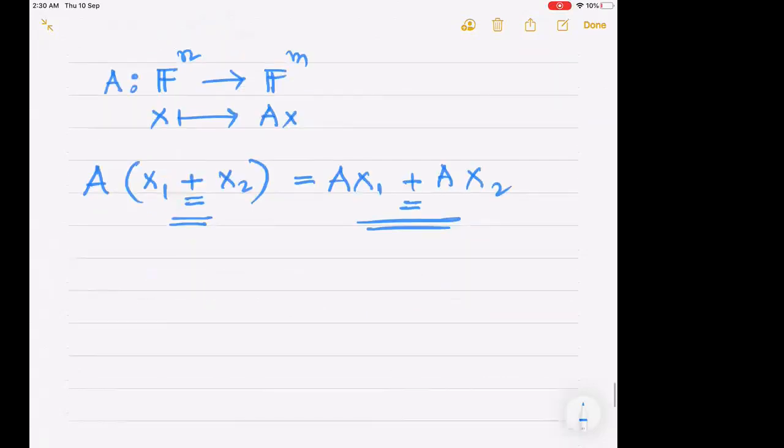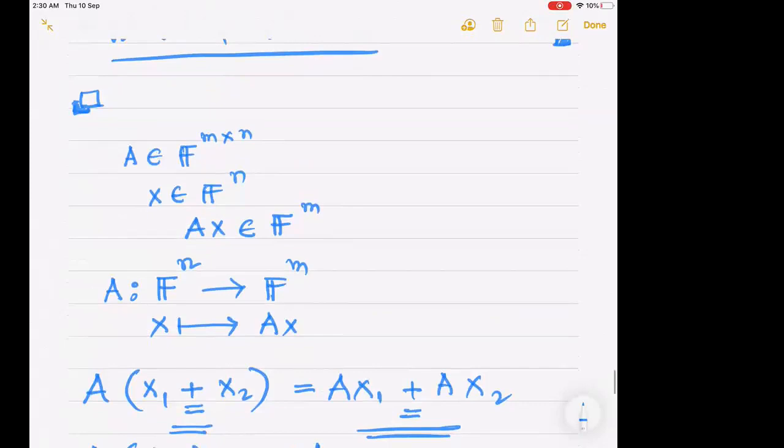Similarly, if I have a scalar multiplication alpha x and then make A act on it, this is alpha times Ax. This is scalar multiplication in Fn, this is scalar multiplication in Fm, but once again you can interchange the two processes. This leads to the generalization of such mappings, namely the idea of linear mappings, or more formally, linear transformations.